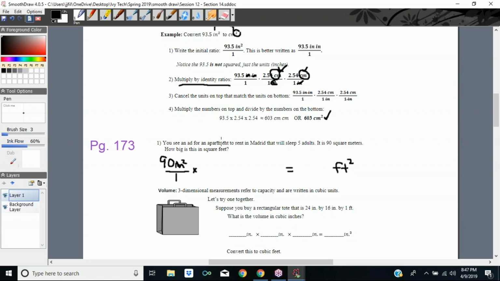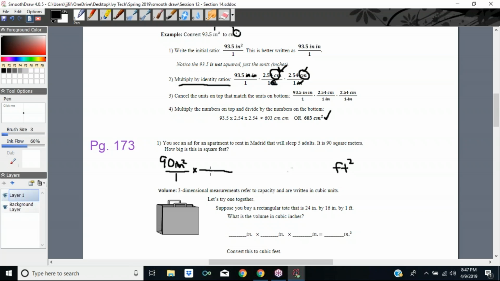So let's see what we have. We have meters. Do you see a meters to feet conversion? No, we don't have a meters to feet conversion, but we do have a meters to yards conversion. So let's do that.